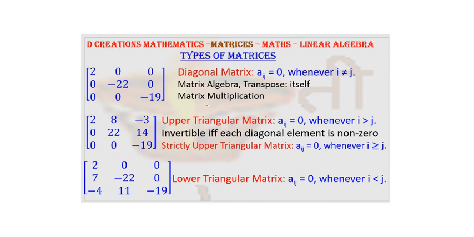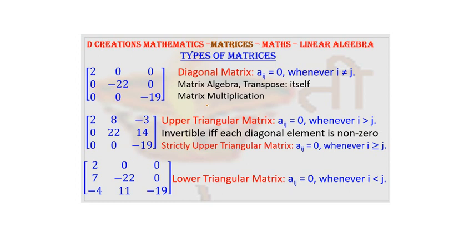Now even here there is a subtype which is the strictly upper triangular matrix. So if all the diagonal entries are 0 as well, then it will be a strictly upper triangular matrix. And the notation used can be a_ij is equal to 0 whenever i is greater than j. For example, here i is 2, j is 1. Or here i is 3, j is 1. So these values are going to be 0.